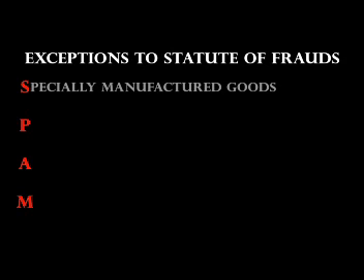All right, so what are some exceptions to the statute of frauds? Because we said some contracts are so important or so unbelievable that someone would execute a contract, they have to be in writing. There are some exceptions, and I remember them with the acronym SPAM. S is specially manufactured goods.